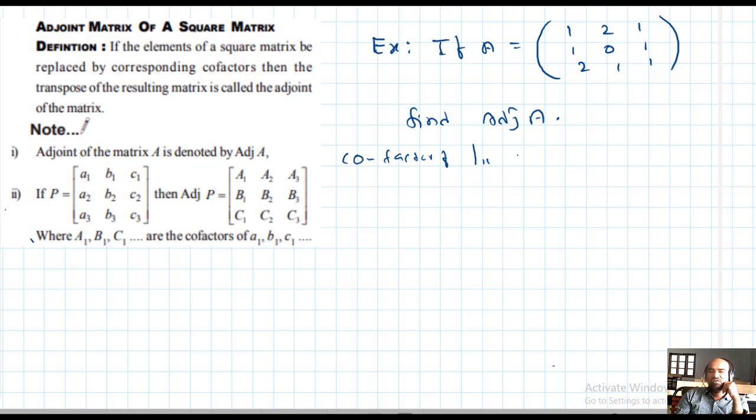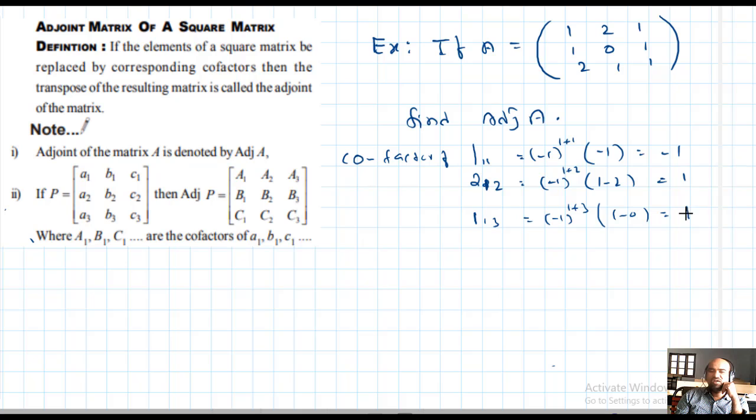Cofactor of the element 1 in position 1,1 equals minus 1 power 1 plus 1 times its minor. Directly this totally gives minus 1. Cofactor of the element in first row, second column, equals minus 1 power 1 plus 2 times its minor, so totally 1. Next, the element in position 1,3 equals minus 1 power 1 plus 3 times 1 minus 0, which equals 1.